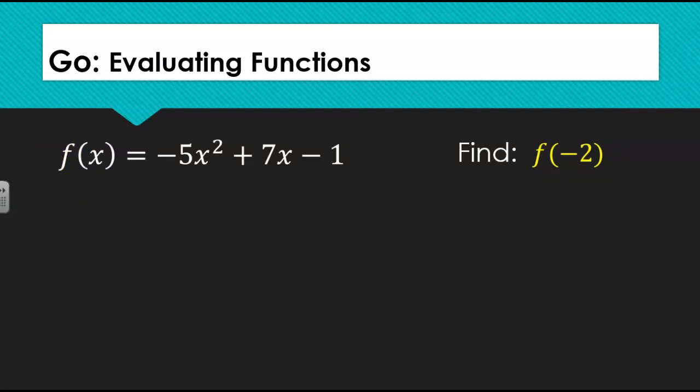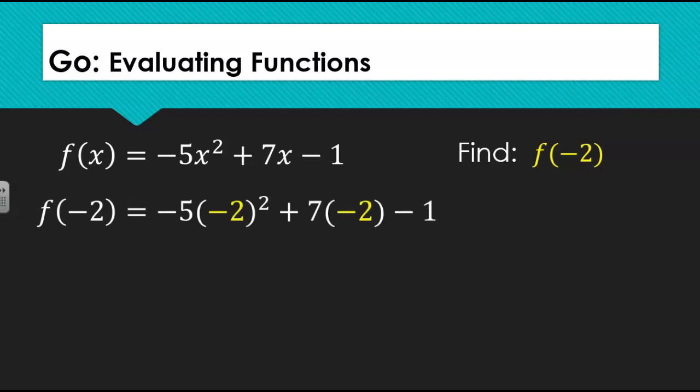In the second part of the Go homework, we are going to be evaluating functions for a given x value. We're being asked to find the function of -2. So when the x value is -2, what is the function of that, or what is the y value? All we need to do is substitute all of our x's with a -2 and simplify.